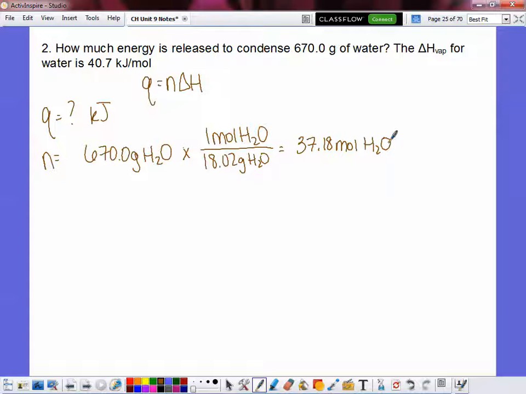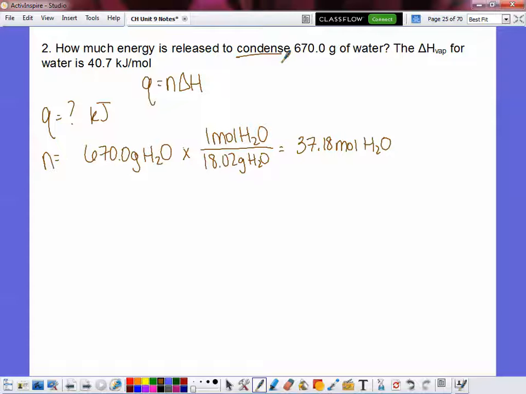And then delta H. Now, what phase change is occurring in this problem? What is it doing? It's condensing. What is condensing in relation to vaporizing? It's the opposite process.